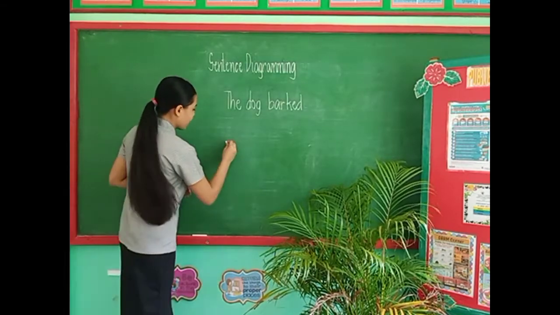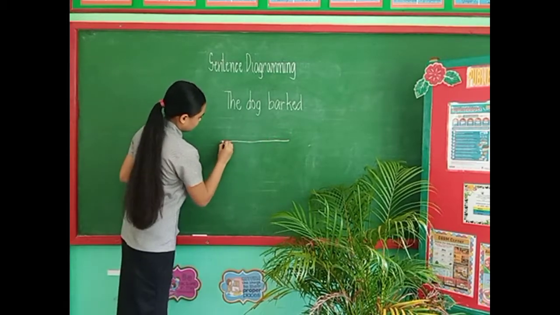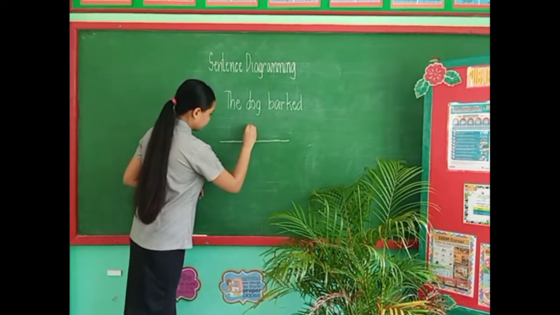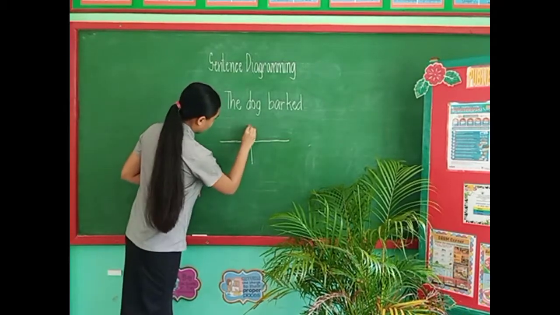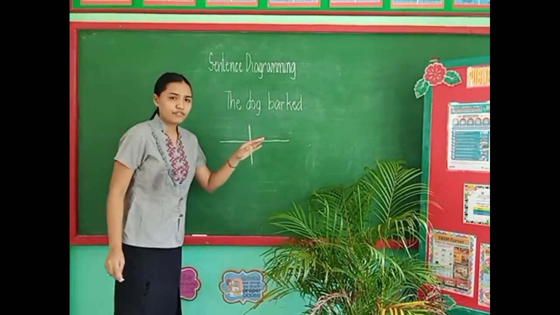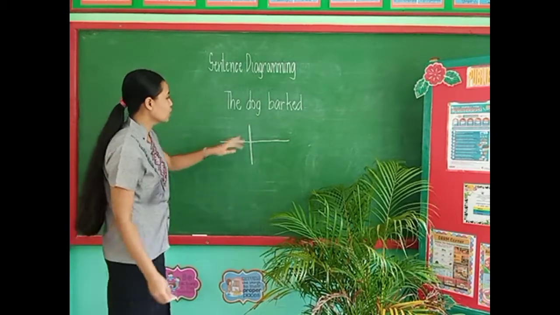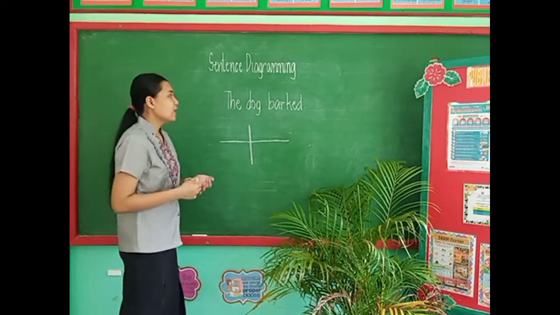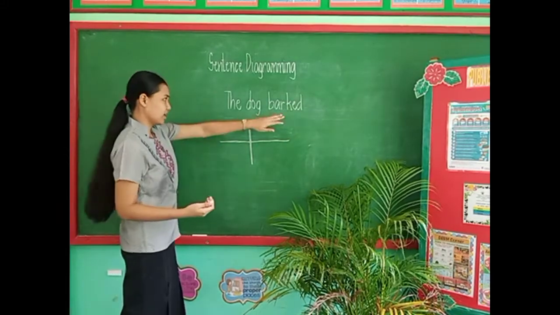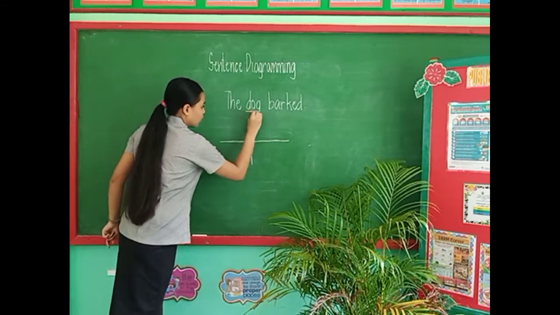First, draw a horizontal line. Second is a vertical line. The vertical line separates the subject from the verb. Third, let us determine what is the subject in this sentence. The subject is dog.